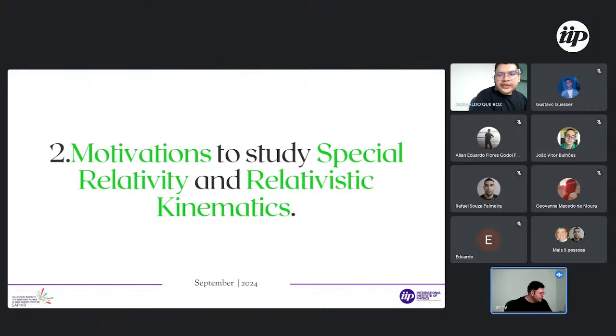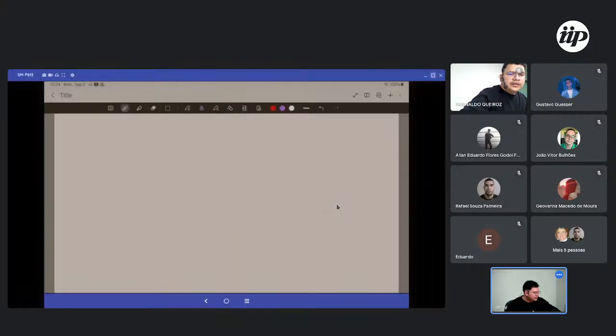Now we start some motivations to study special relativity. It's important to see why we need to motivate the study of special relativity.